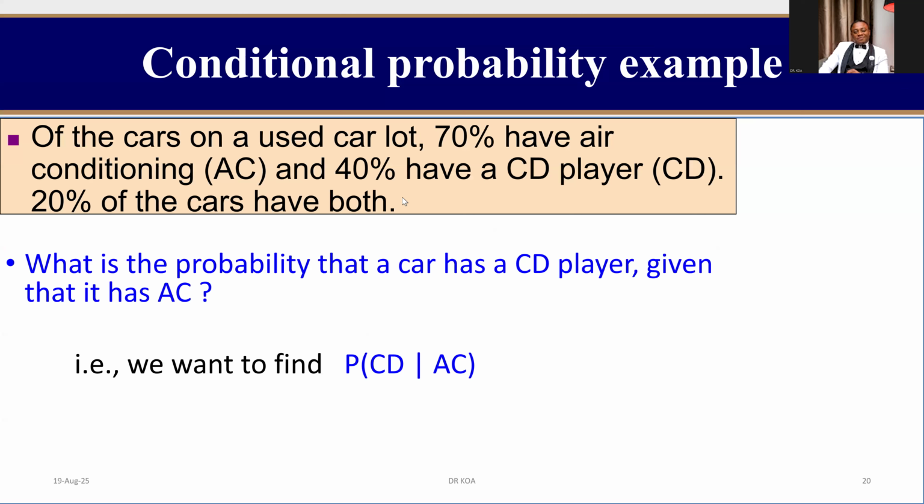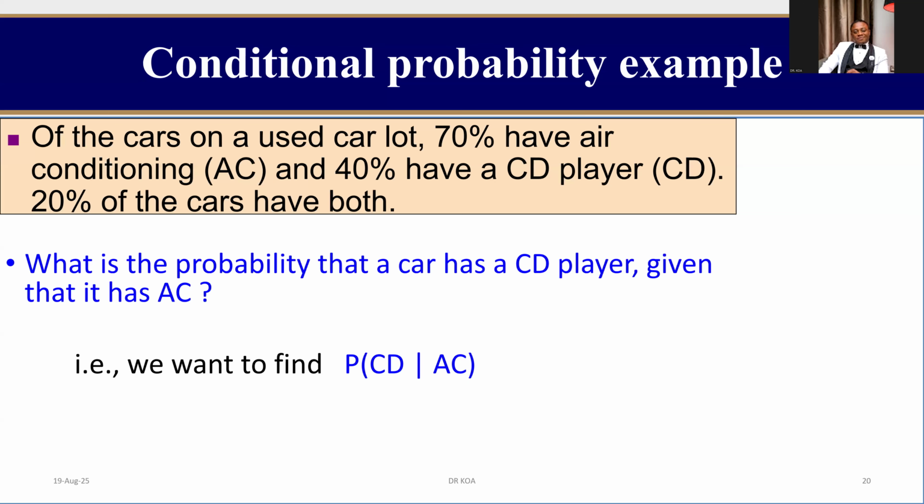Let's take a real life situation. Out of the cars on a used car lot, 70% of the cars have air conditioning, AC. Pay attention. 70% of the cars have AC. 40% of the cars have a CD player. 20% of the cars have both AC and CD.